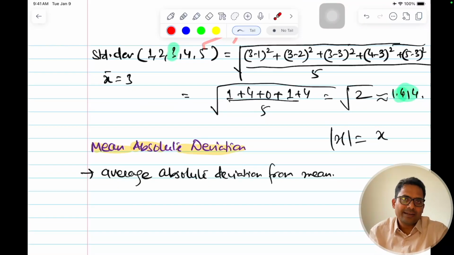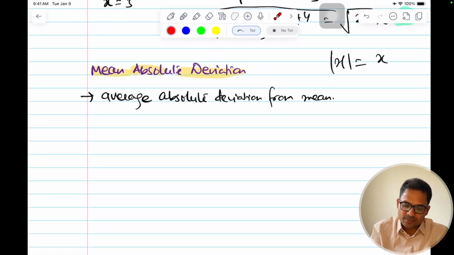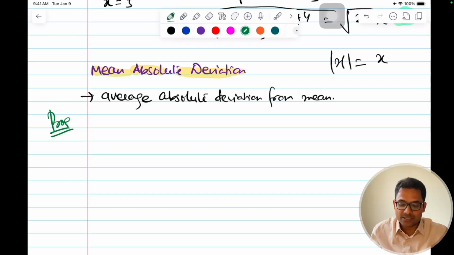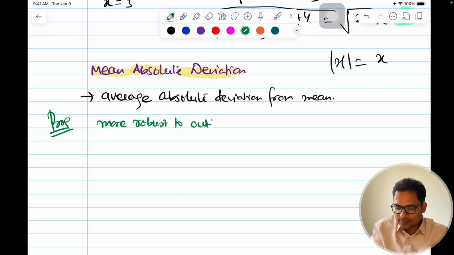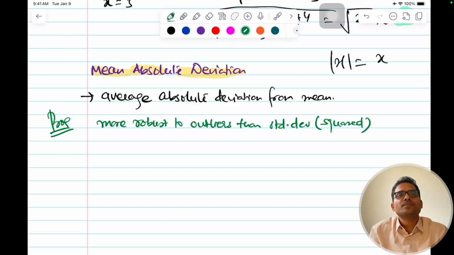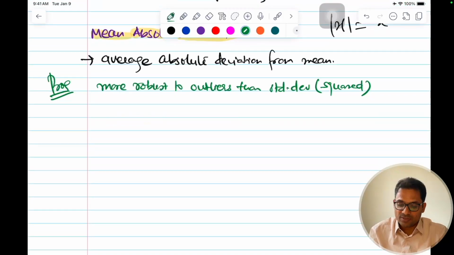But if I am not squaring it, the impact is not so amplified when I use absolute value. So that's the pro of mean absolute deviation with respect to standard deviation: it is more robust to outliers than standard deviation, because standard deviation uses squared values, which amplifies the difference.